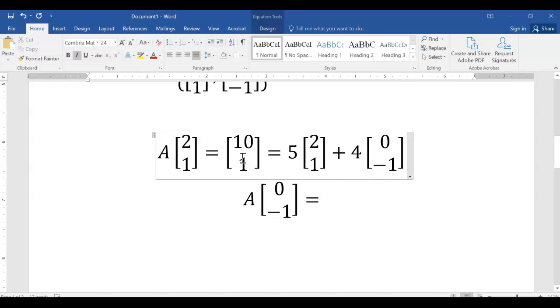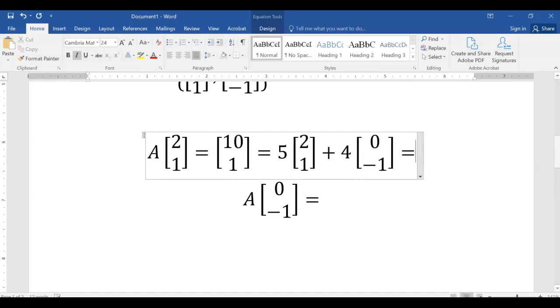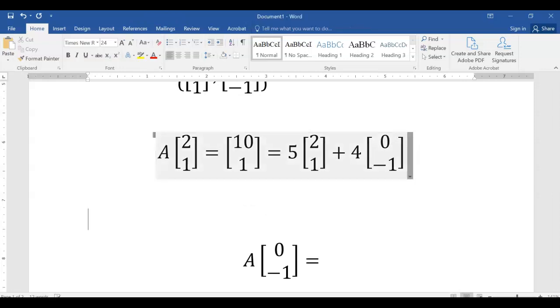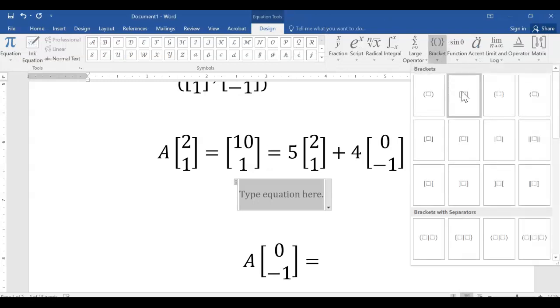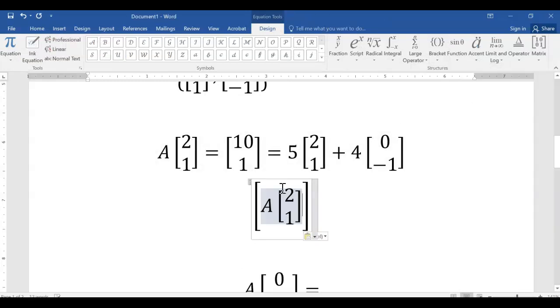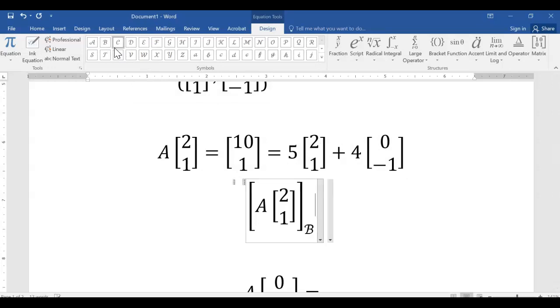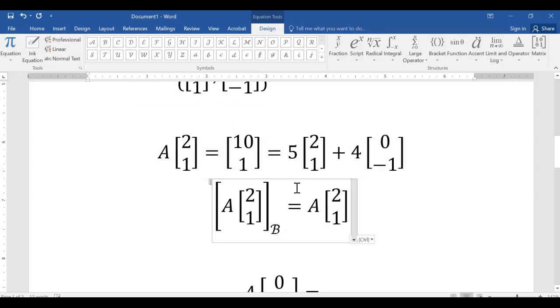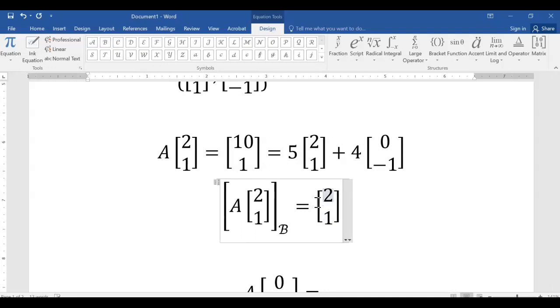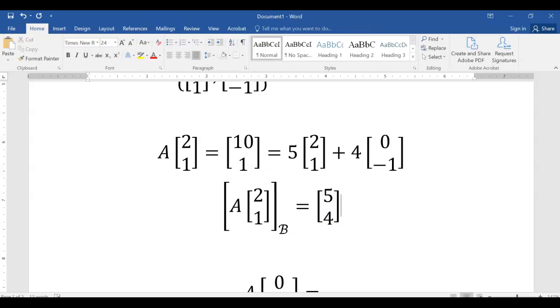So what I'm saying here is that this matrix times 2, 1, written with respect to basis B, would have had to have been equal to 5, 4.